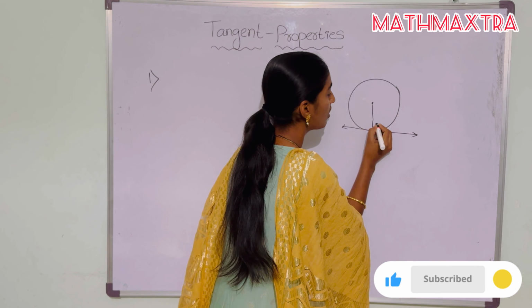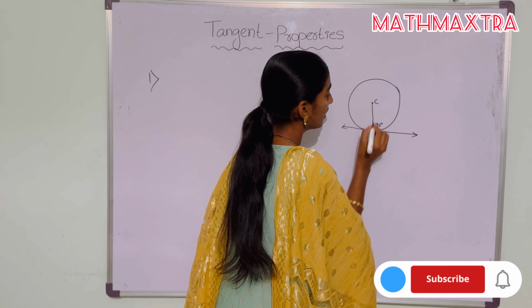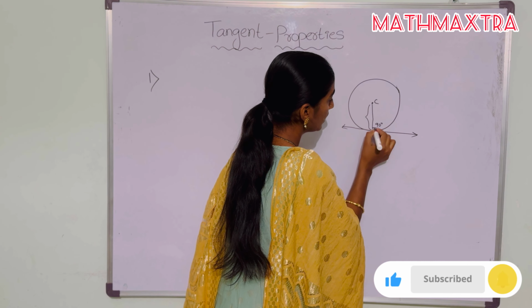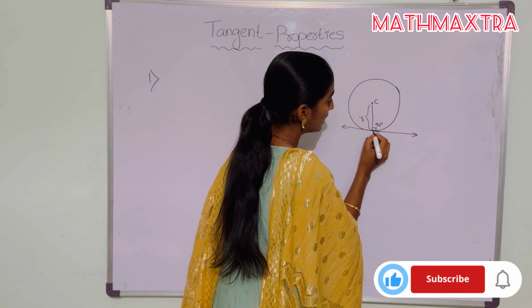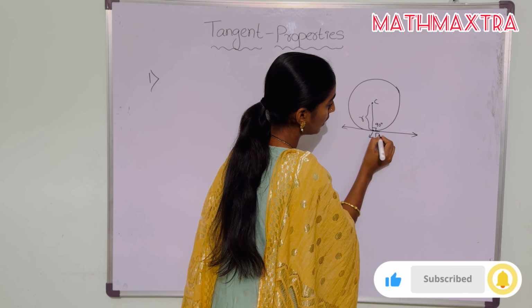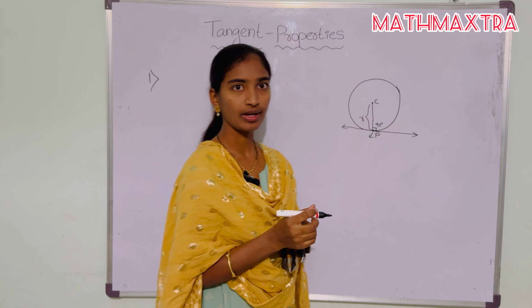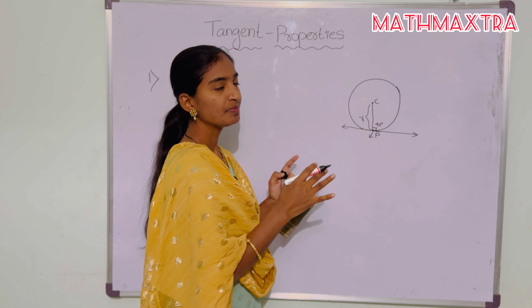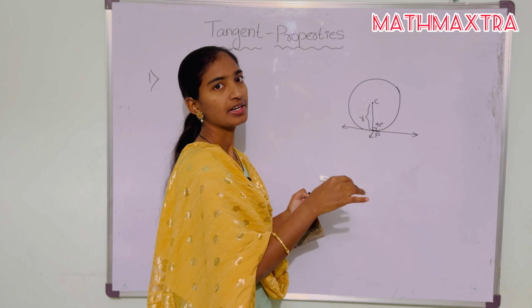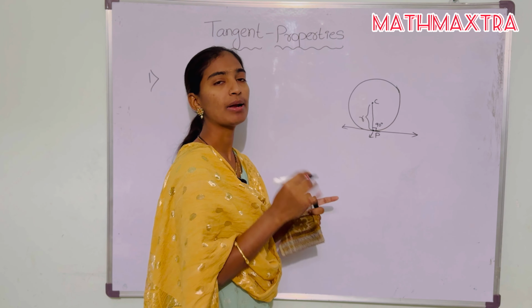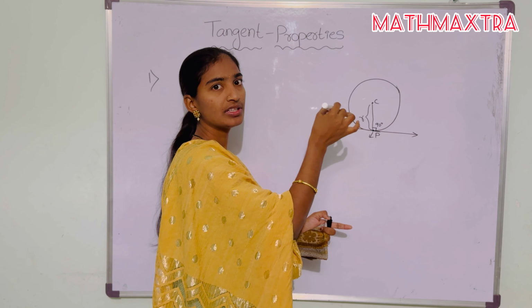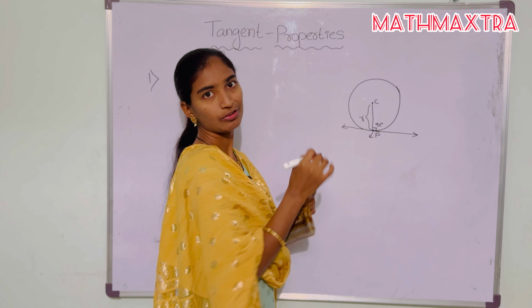This is the center of the circle, this is the radius of the circle, this we call the point of contact P, and this is a tangent line. So what is the first property? The tangent of a circle is always perpendicular to the radius of the circle through the point of contact.